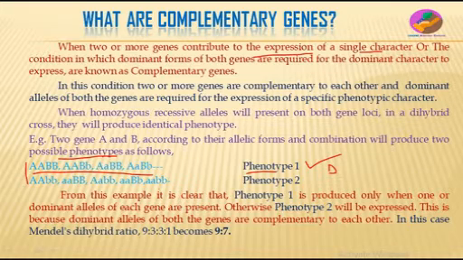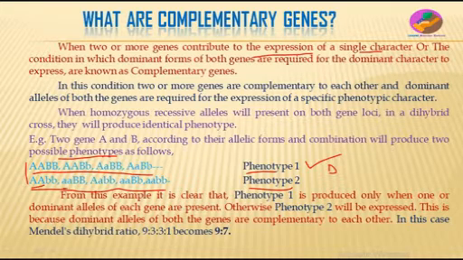And you can see in the second case, when alleles of only one dominant gene are present, it will give phenotype 2. In this case there are two capital A but no capital B, so the phenotype will be recessive.